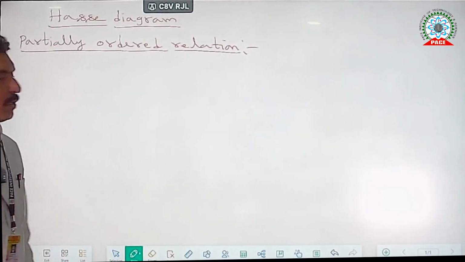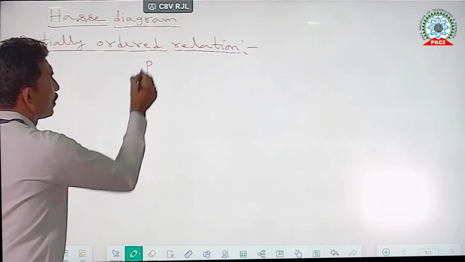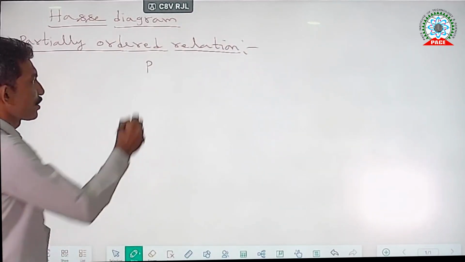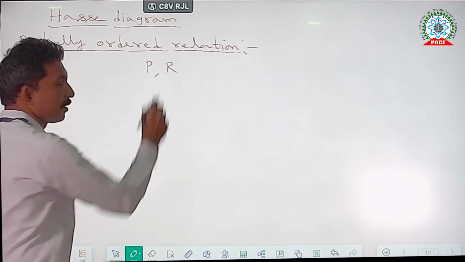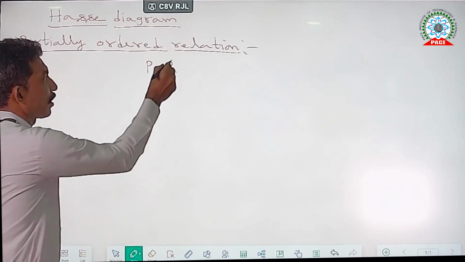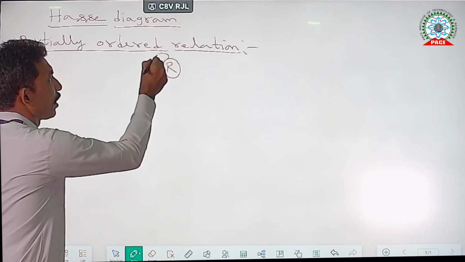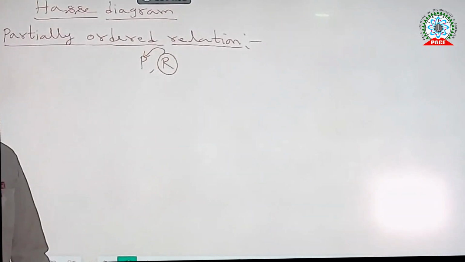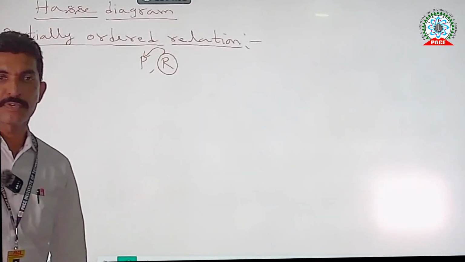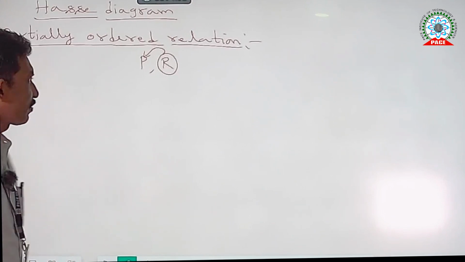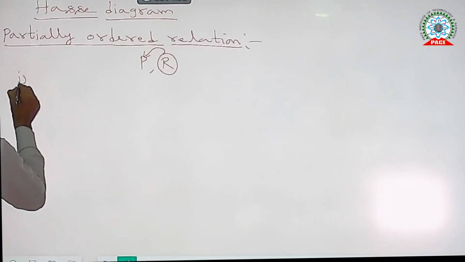Let capital P be any set and R is a relation on P, then this R is said to be partially ordered relation on capital P if it satisfies three properties. First one is reflexive.